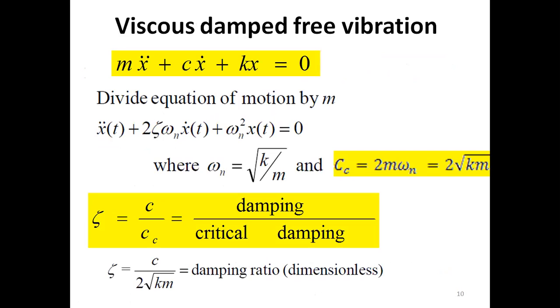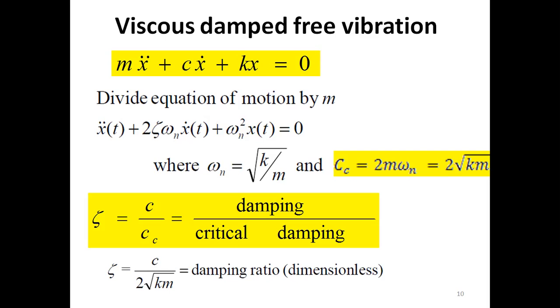So, viscous damped free vibration. We got the equation of motion m x double dot plus c x dot plus kx is equal to 0. Now we would play with the equation. I'm dividing the equation throughout by m in order to write it in terms of natural frequency and damping ratio.